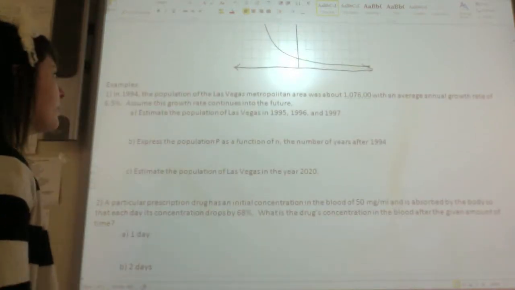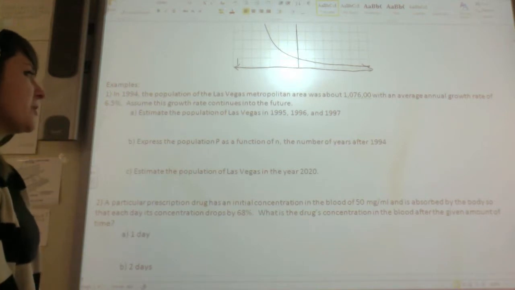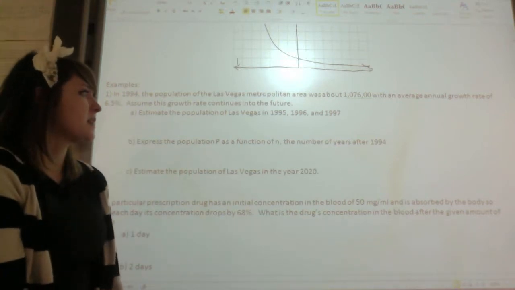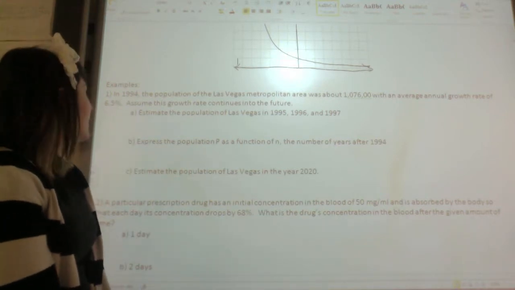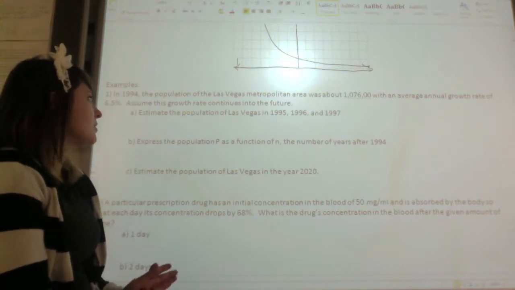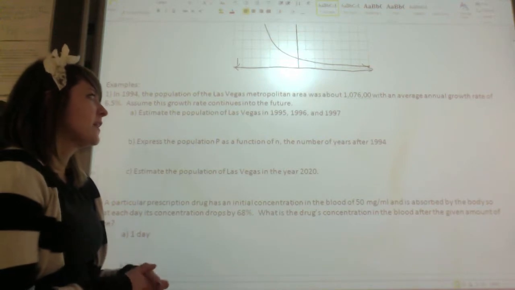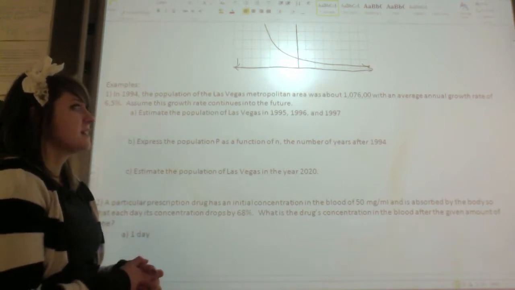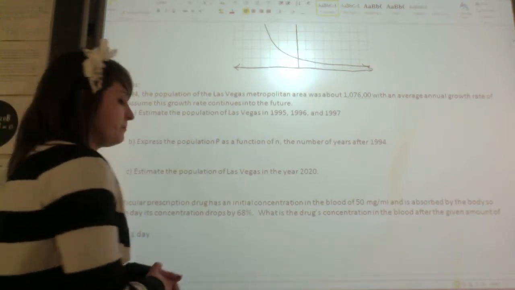In 1994, the population of the Las Vegas metropolitan area was about 1,076,000, with an average annual growth rate of 6.5%. Assume this growth rate continues into the future. Let's estimate the population of Las Vegas in 1995, 1996, and 1997.